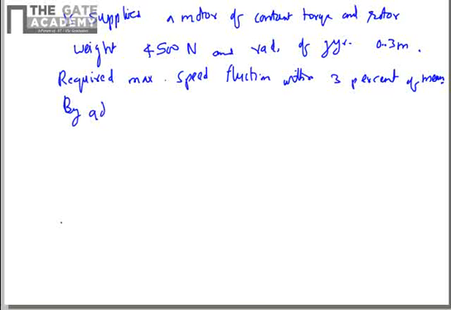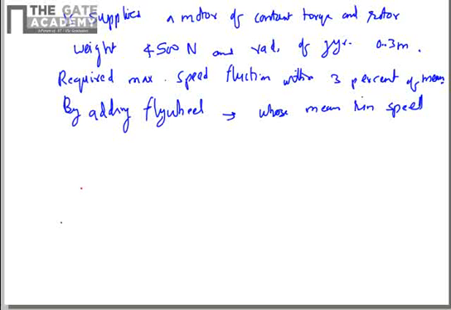So by adding a flywheel in the given system, we know the moment of inertia, we know the load cycle, and the torque is constant. We add an additional flywheel whose mean rim speed is limited to 1080 meters per minute.